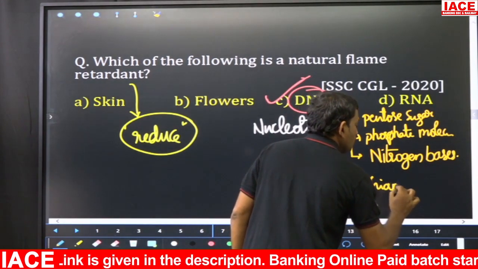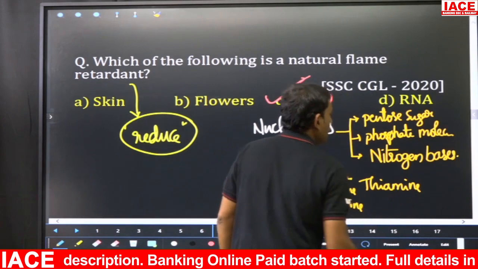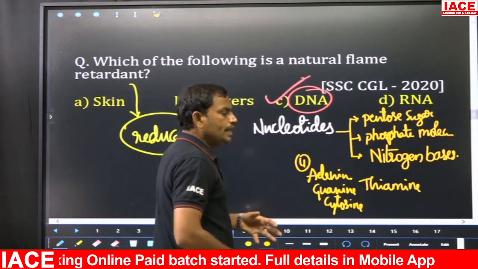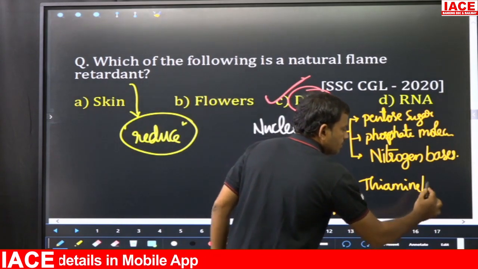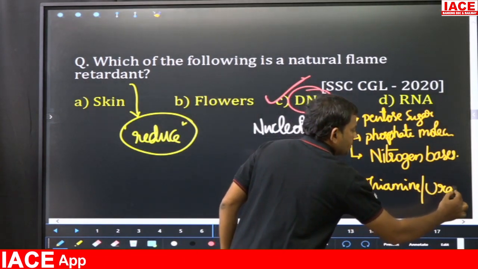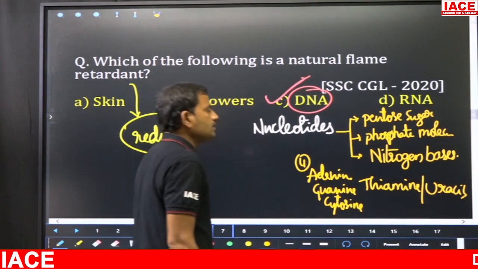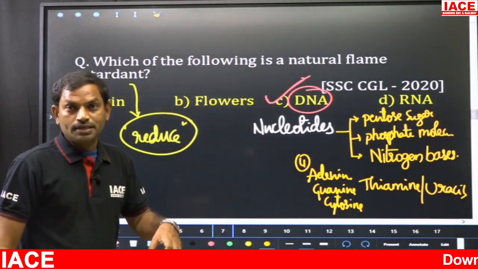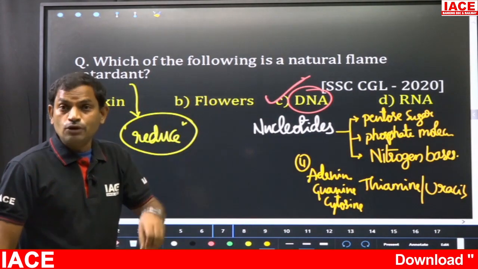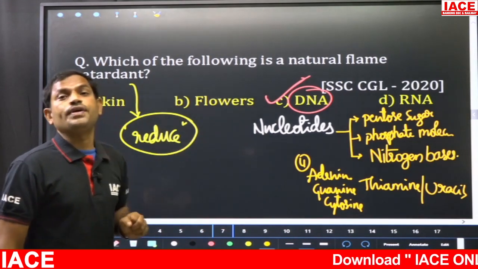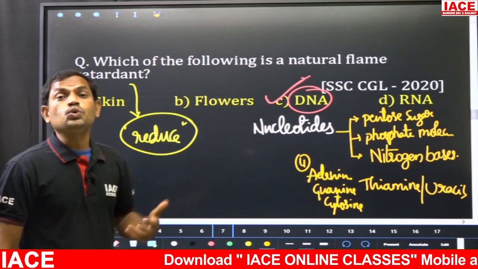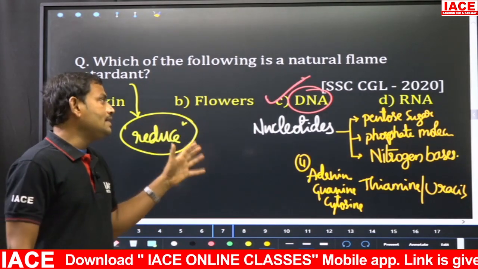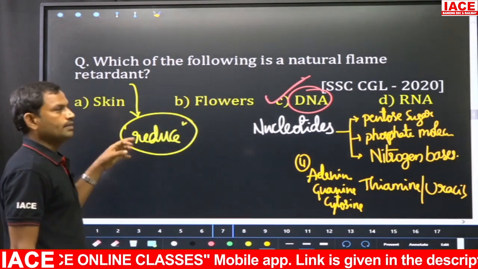In the case of RNA, that is also made up of nucleotides, but the only difference between DNA and RNA is that in place of thymine, another nitrogen base is present, which is called uracil, right? Now these nitrogenous compounds and also the phosphate molecules can make this DNA a natural flame retardant.